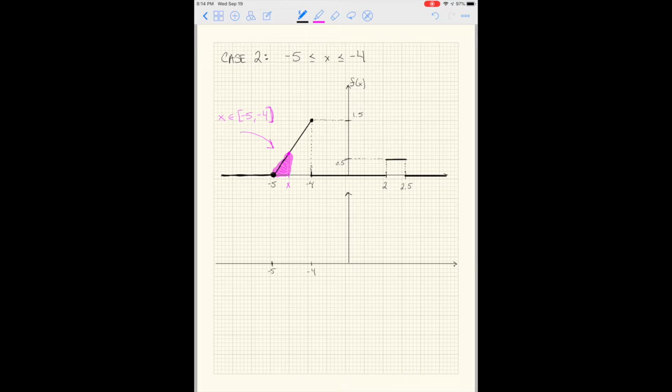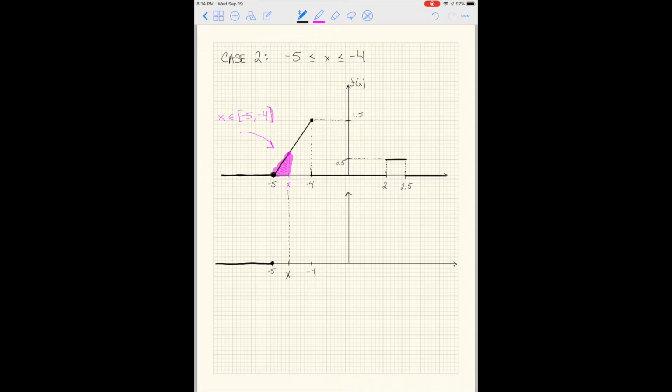If I draw a line down and say this is the x that I'm interested in, I know that for all of these, we've got F equal to 0, and then at -5, there's no area underneath that triangle, so that still is 0.